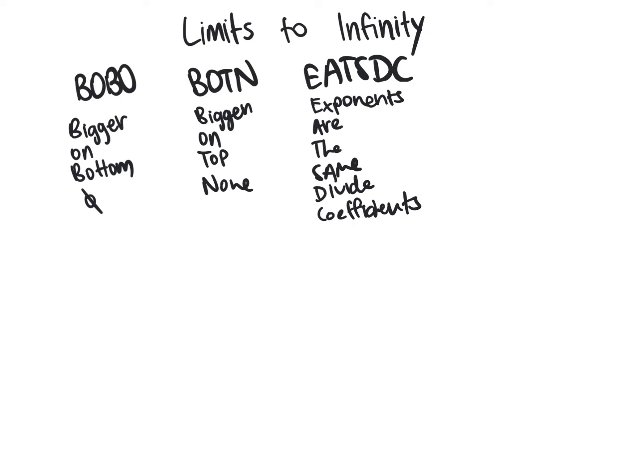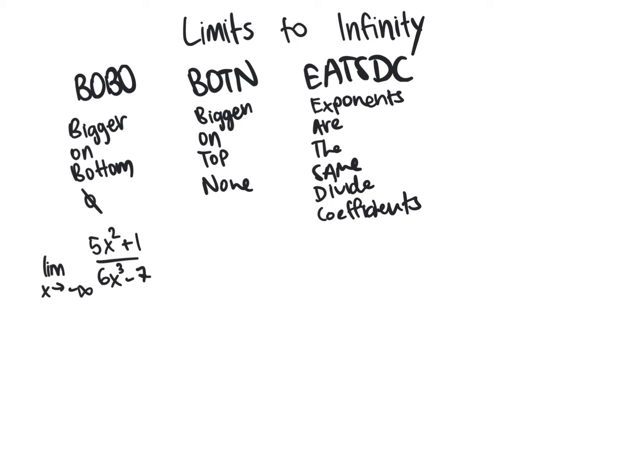Now what that exactly means is that when you're given a function that goes to infinity, or let's say negative infinity here, let's say when you have 5x squared plus 1 over 6x cubed minus 7, you look at your biggest exponents, right?